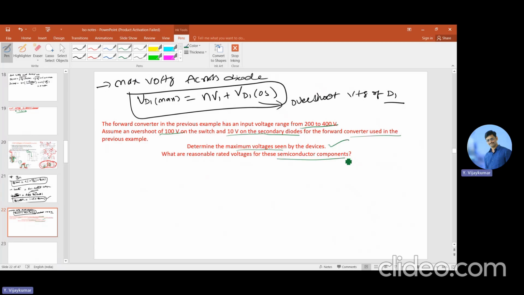So first, what is the maximum voltage seen by the devices? What is the maximum voltage across the input side?